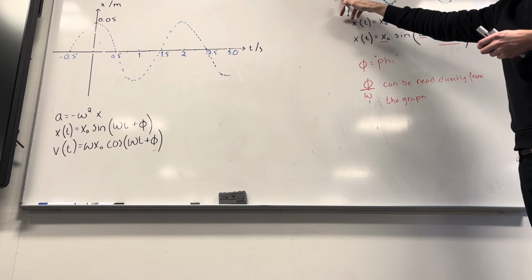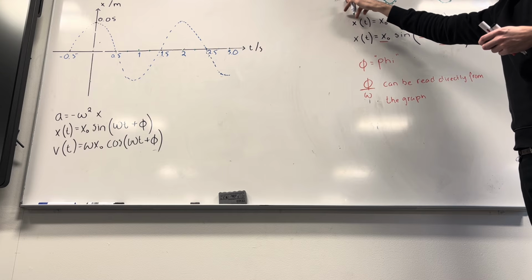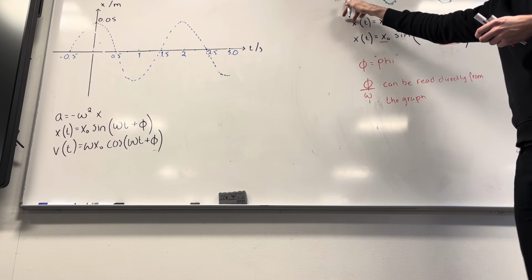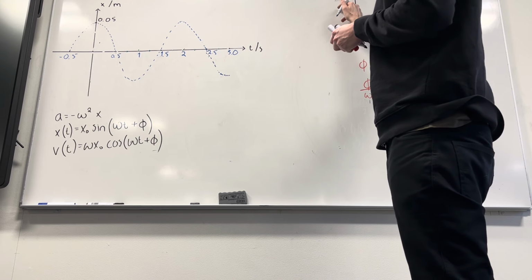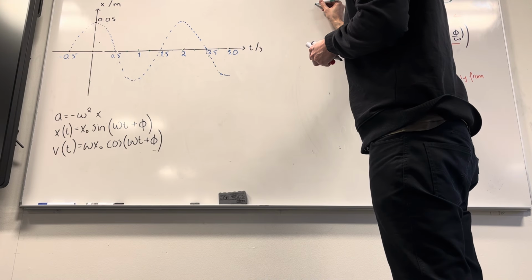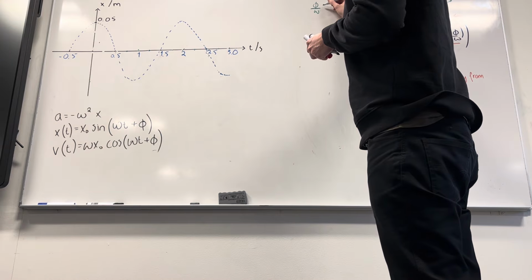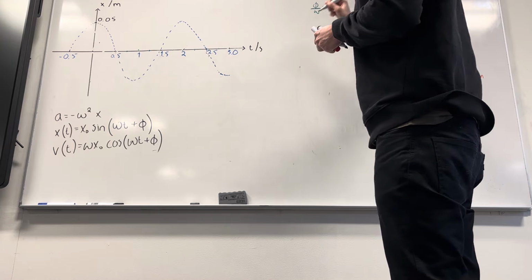So I look at the value of A, I don't care about the sign, I just look at the A. In this case, phi divided by omega is equal to that value A.